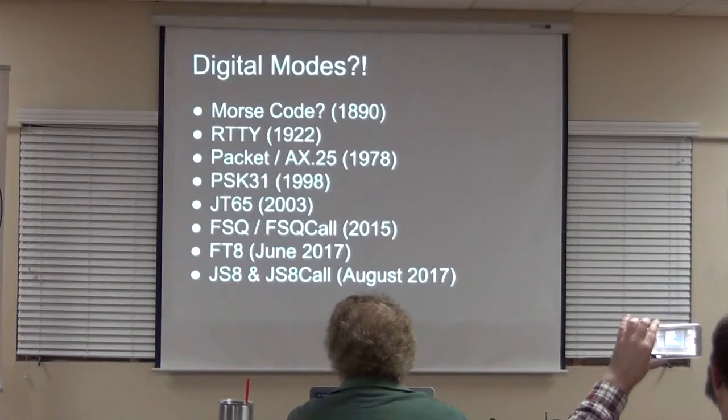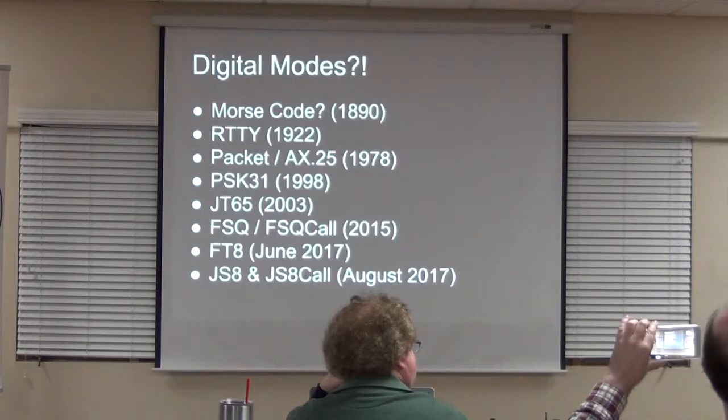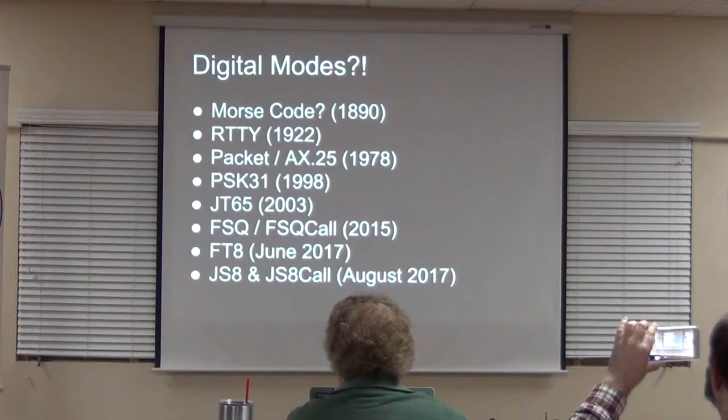AX.25. And then how about this one, which is a little weird. That's FT8. So it's an FT or JT mode. No one said it. How about Olivia? Not Olivia. Close. All of those are kind of similar. That is Domino, and that's actually here. FSQ is based on Domino. I couldn't find an FSQ one.